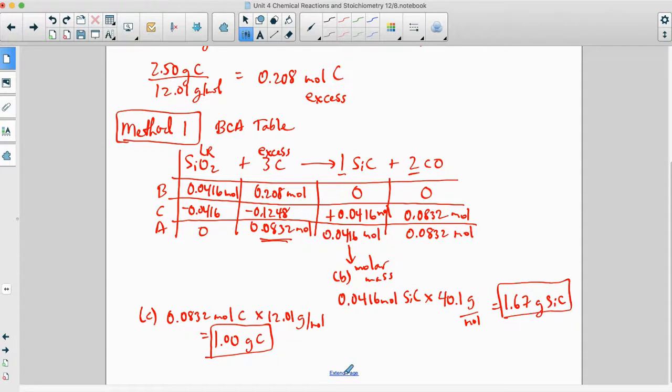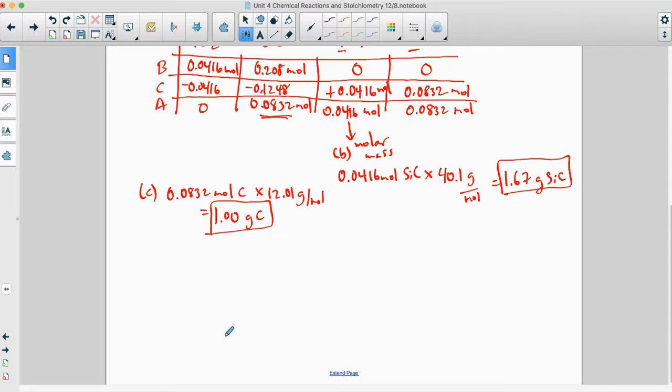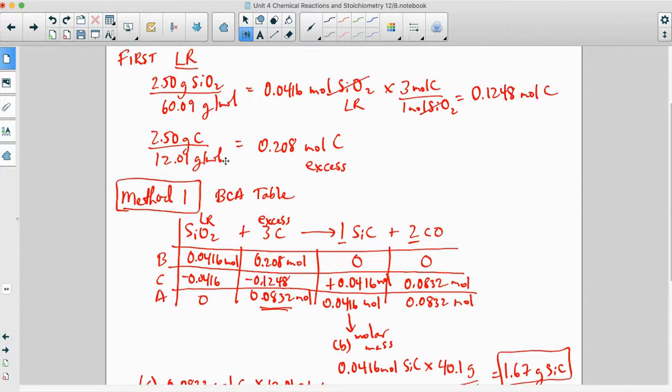What if we had to use our method 2, which is our dimensional analysis method? If I want to use dimensional analysis, I still first have to figure out what the limiting reagent is.